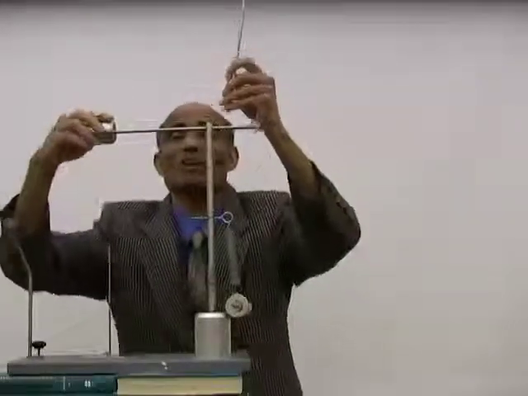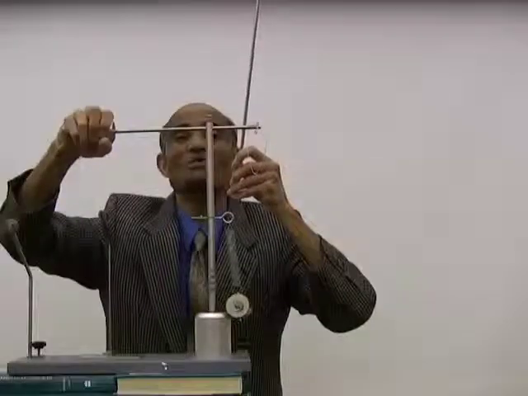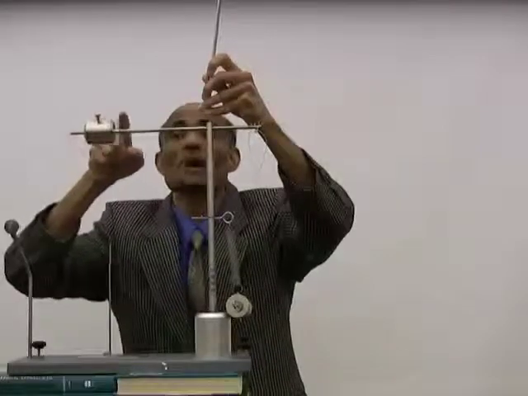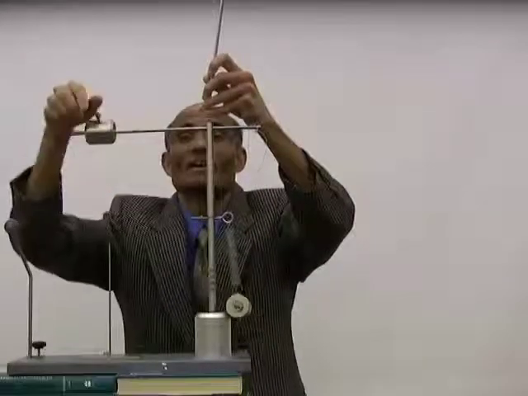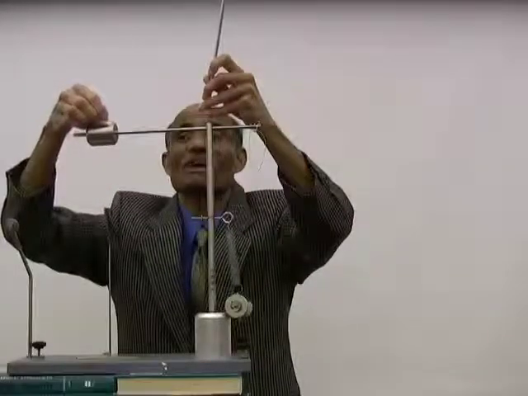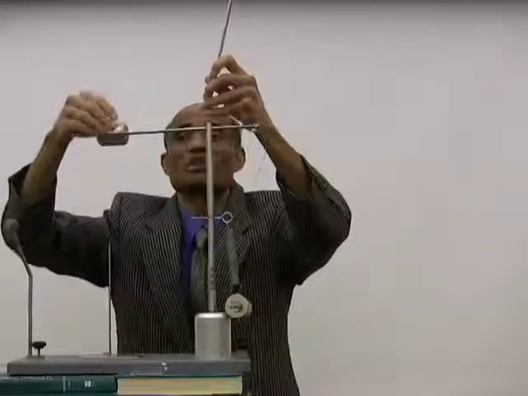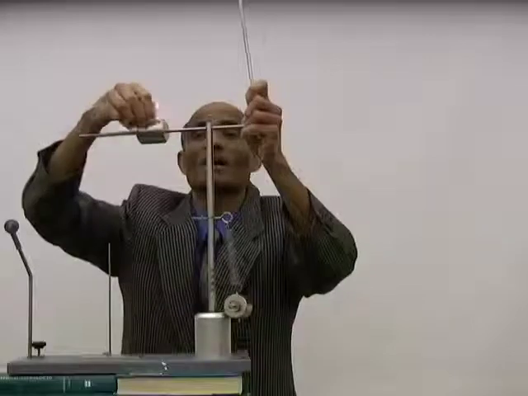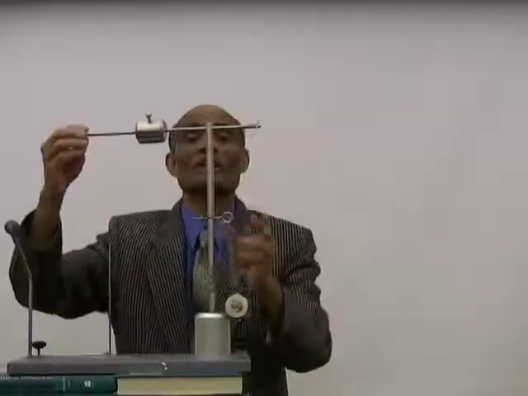And therefore, what is the moment of inertia of this particle about this axis? It is m r squared. Now, if I change the position of this mass over here, I am changing the moment of inertia. You see that?